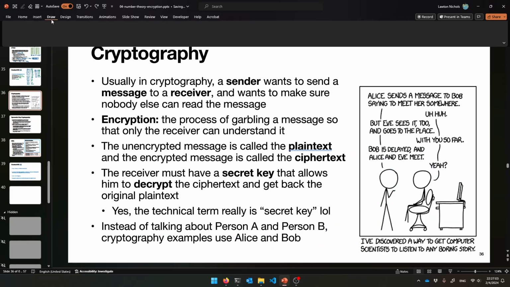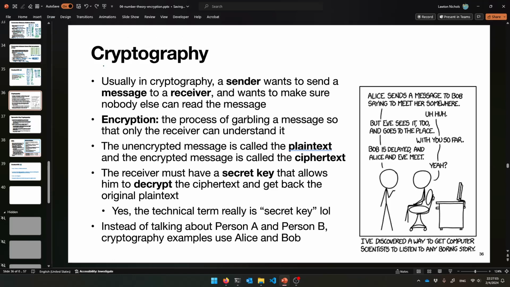So here's the setup when you're working in cryptography. You've got something that you want to send to somebody. There's always this metaphor of like there's a sender who wants to send something to a receiver, and the something is called a message. And usually there's like a fun thing to say about it. Like people make up stories.